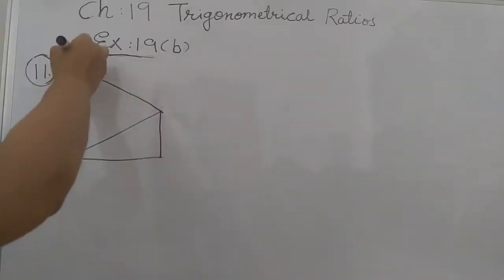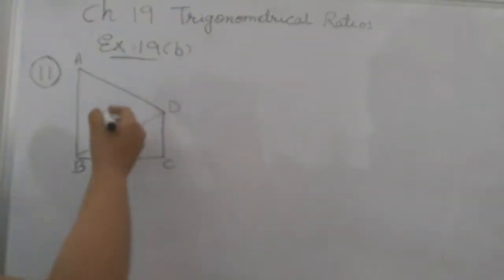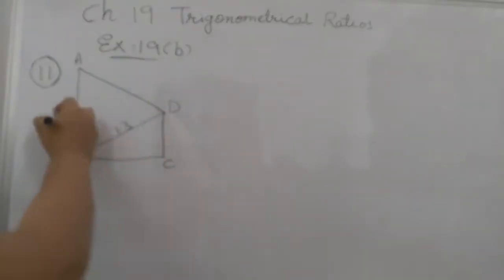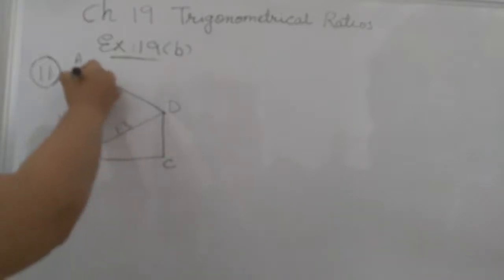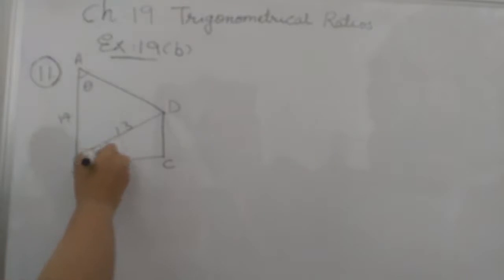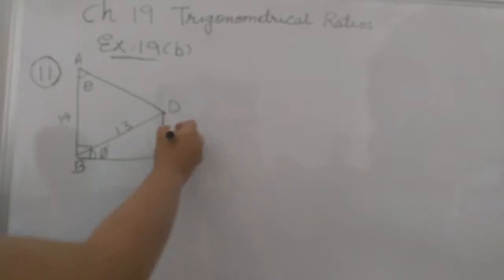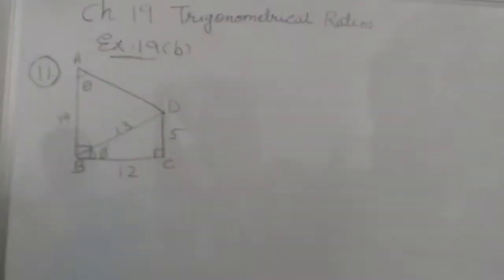It is A, B, C, D. Values are written 13, 14. Here is theta, this is phi. Also it is given 90 degree and this is also 90 degree, 5 and 12. So this way the figure is given.